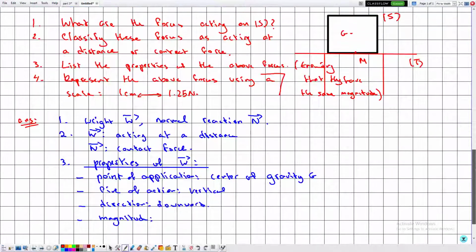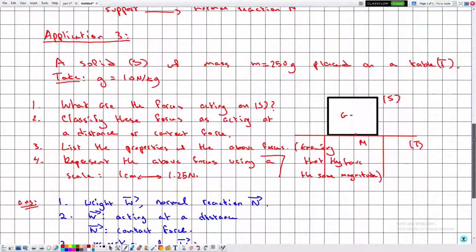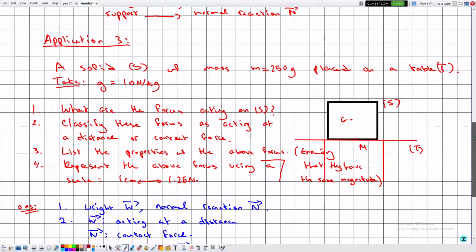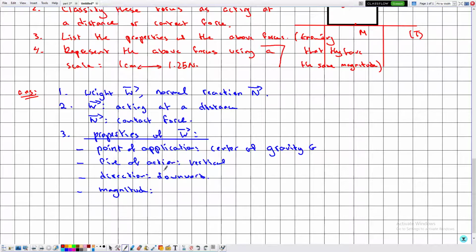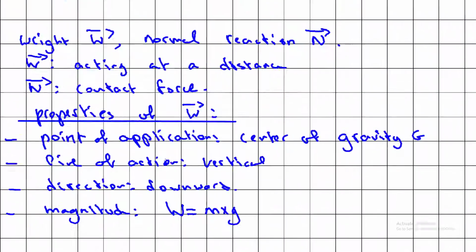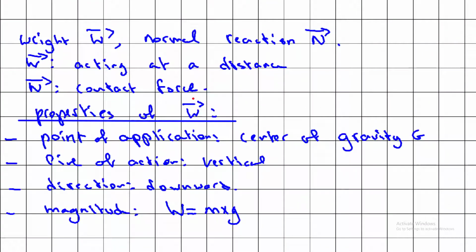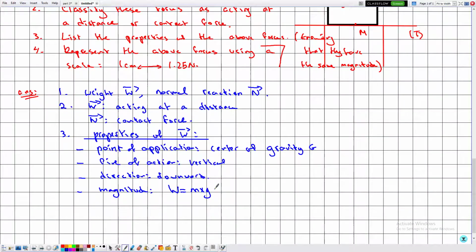Now regarding the magnitude, we are always familiar with this method that it is being calculated by the formula W is equal to M multiplied by G. And whenever we are talking about magnitudes, we don't place the vector, so we drop down the vector.